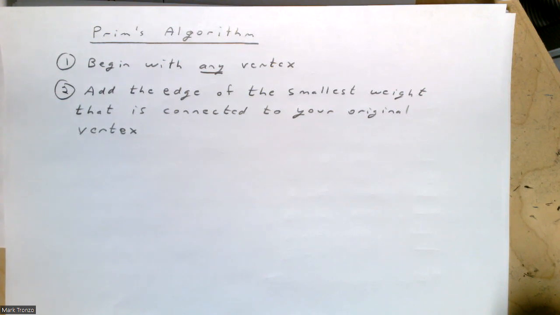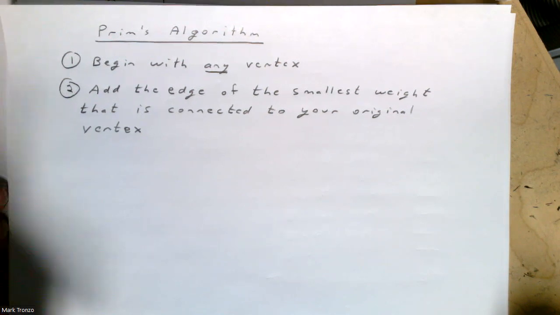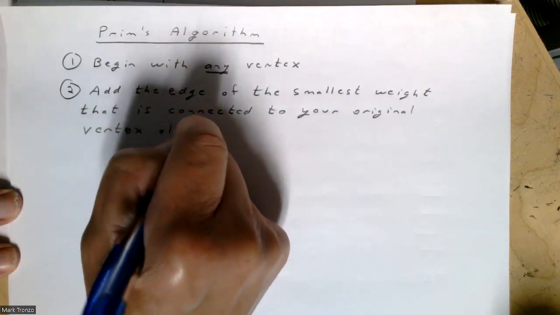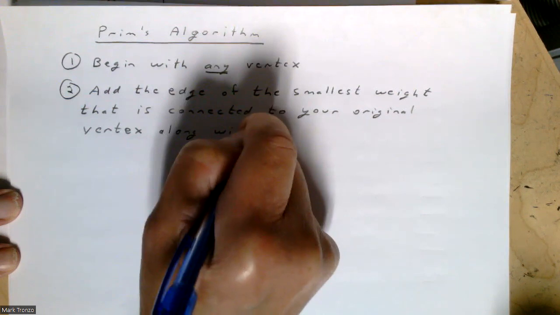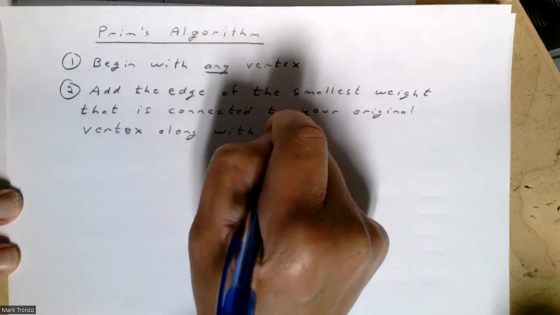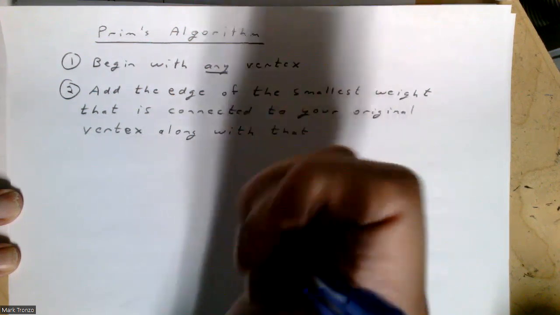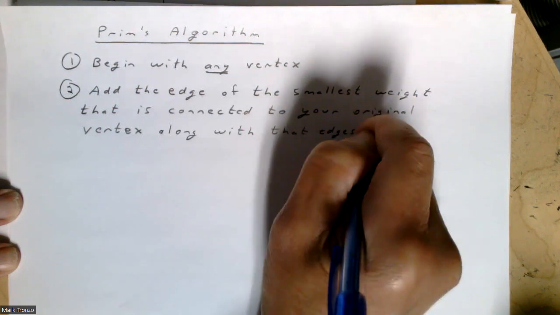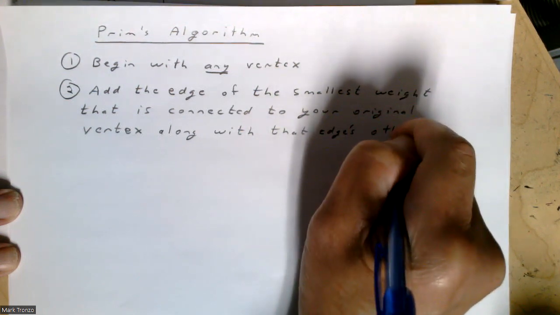So far we have that you pick any vertex, then add the edge, the smallest weight that is connected to that original vertex, and of course along with that edge's other vertex.